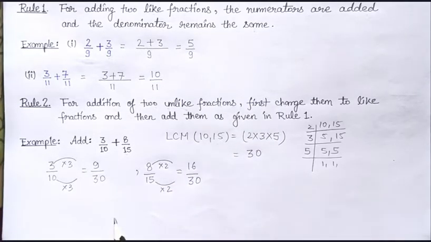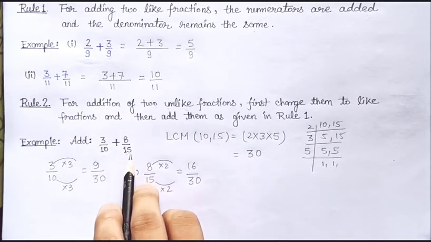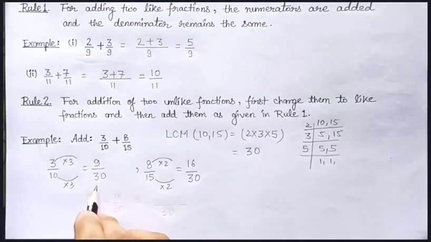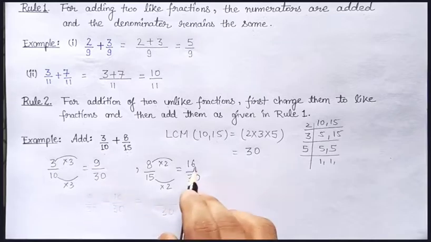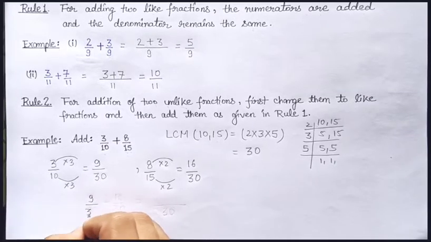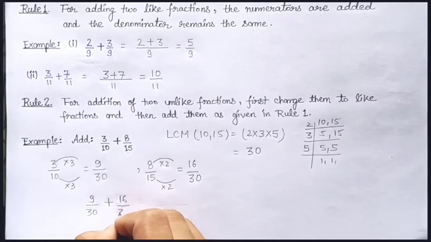Now you can see that we have converted the given two fractions 3 by 10 and 8 by 15 into like fractions, that is 9 by 30 and 16 by 30. Now we have to add these two like fractions, so we write 9 by 30 plus 16 by 30.